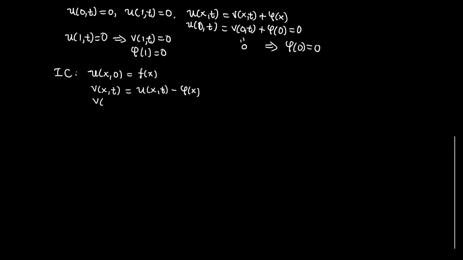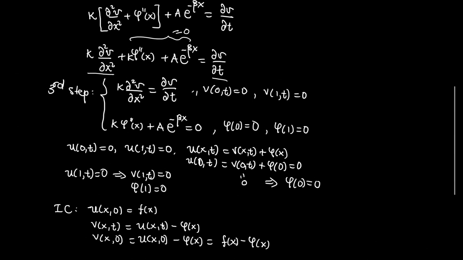That means v(x,0) equals u(x,0) minus phi(x), and u(x,0) is f(x) minus phi(x). That is your initial condition.